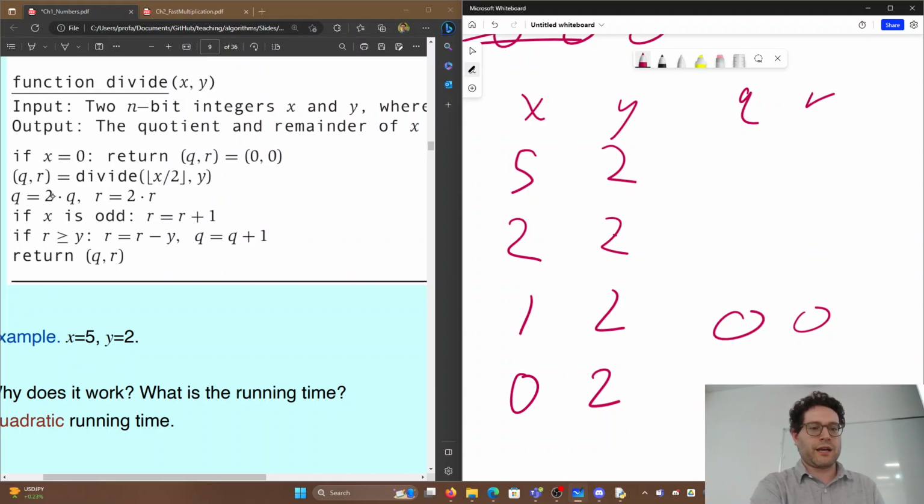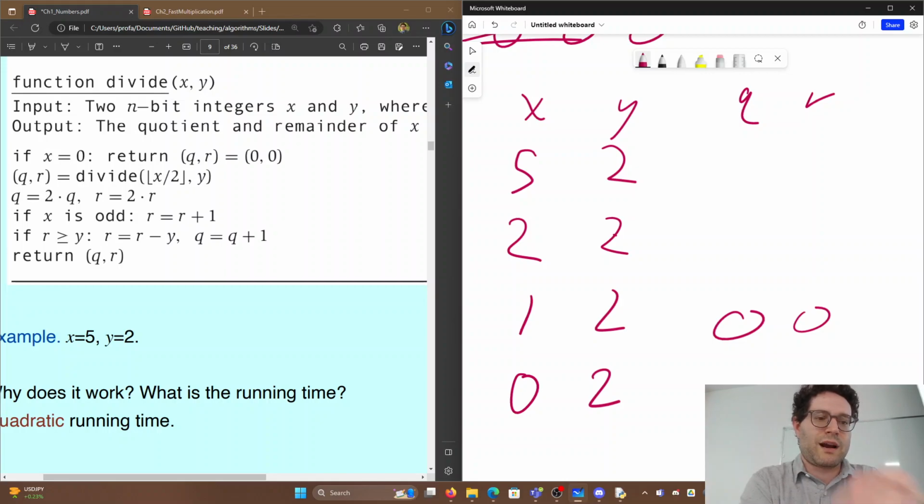We multiply Q and R by 2. If X is odd, this may be easier to keep here. There's some justification as to whether you want to put the Q and R over here on the bottom or keep them on the row where you return it, because you're going to need to modify them. Just make sure you're consistent with whatever you choose.